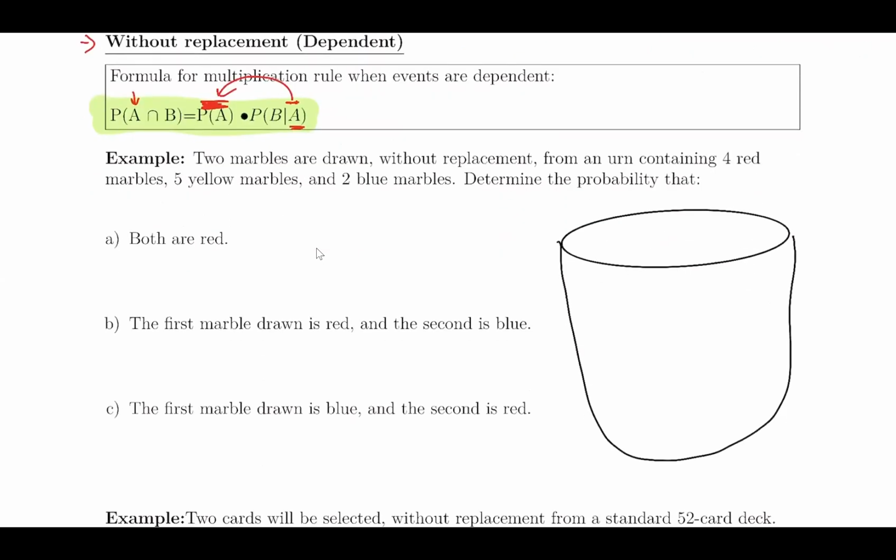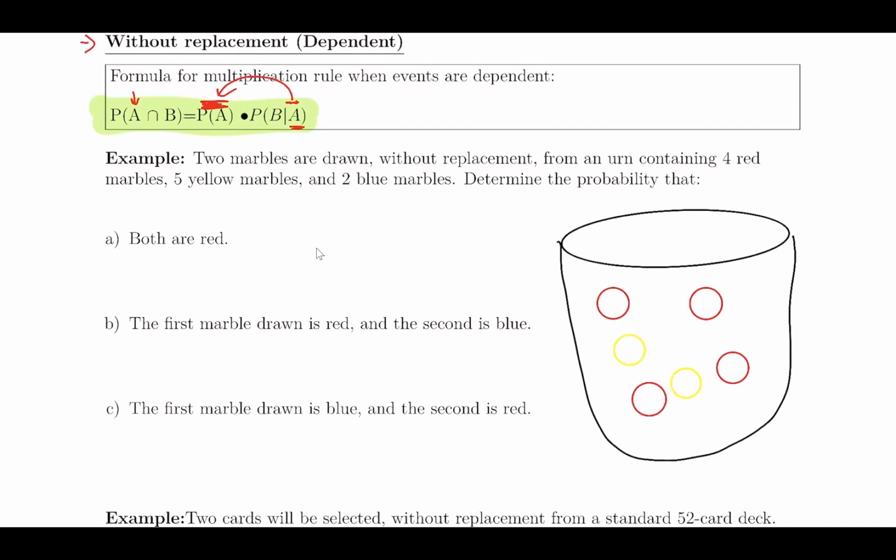So if you look at it, it said we have 4 red marbles. So we'll say 1, 2, 3, 4. We have 5 yellow marbles. So we have 1.